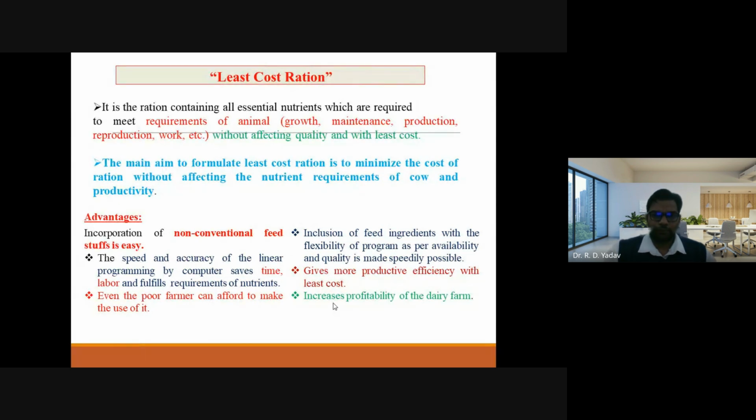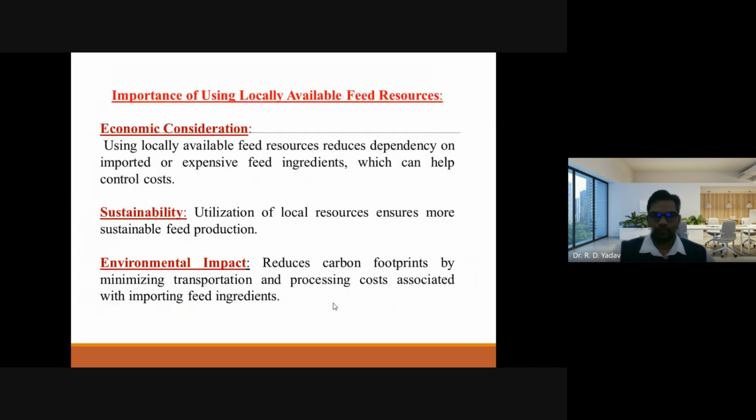Least cost rationing is a computer-based program which uses all the data we incorporate for the animal, like maintenance requirement, growth requirement, production requirement, and it selects the ingredients for the same.